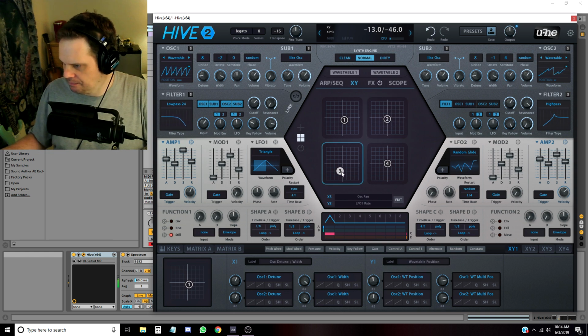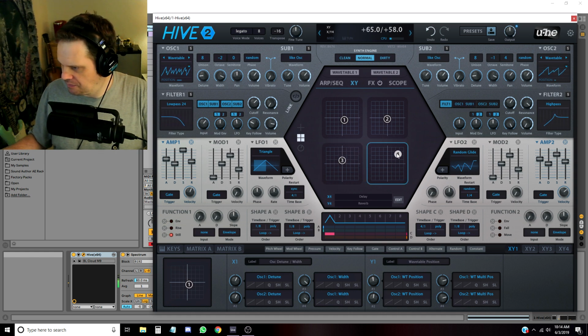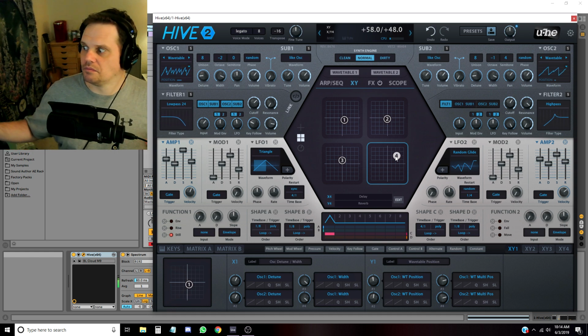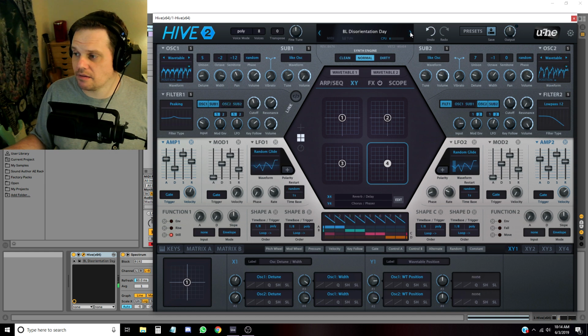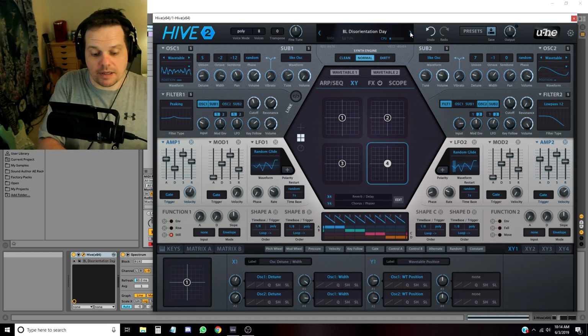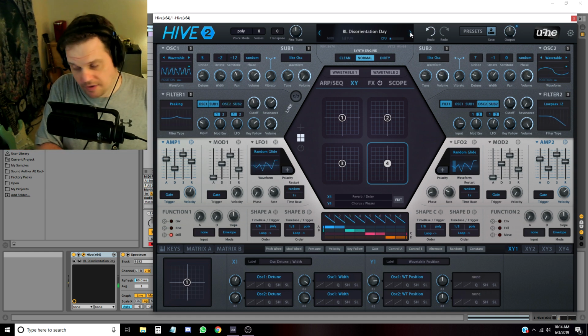Filter. I love the reverb in Hive. It can be really immense. This one is a bit strange, as the name suggests.